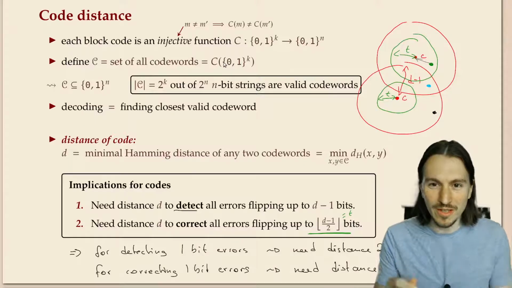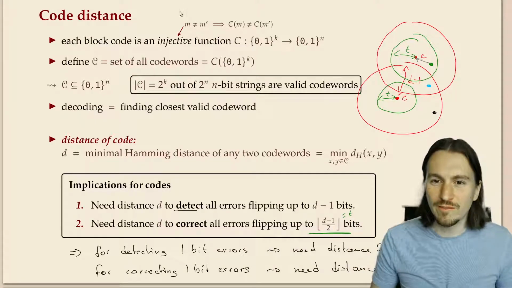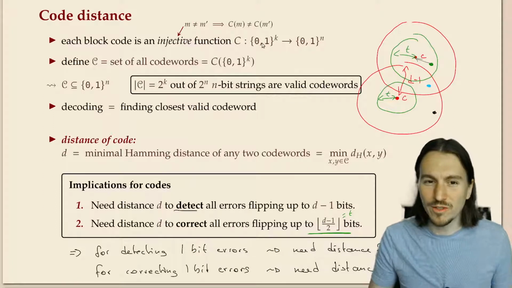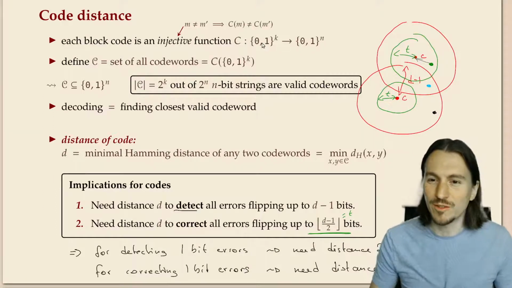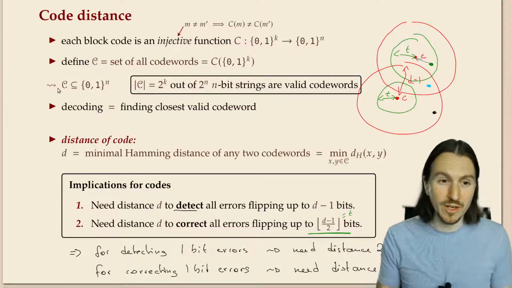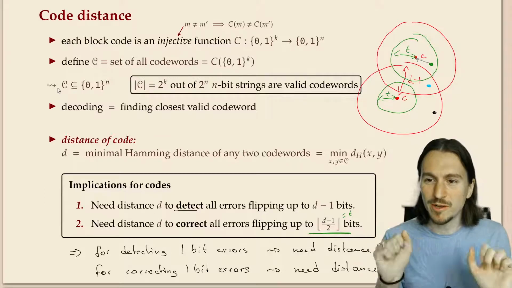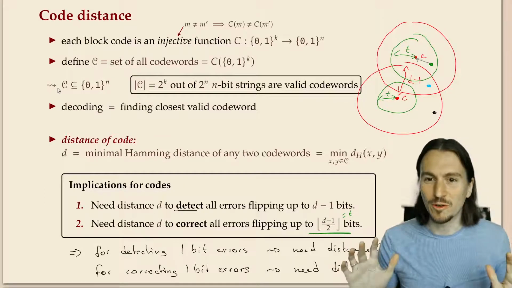These are all the n-bit strings you can actually get if you take an arbitrary message, apply the code, and don't make any mistakes yet. That's all the code words that we get. So in our Hamming code, you take your 4-bit message, you add the 3 parity bits, and that's it. That's your code word.